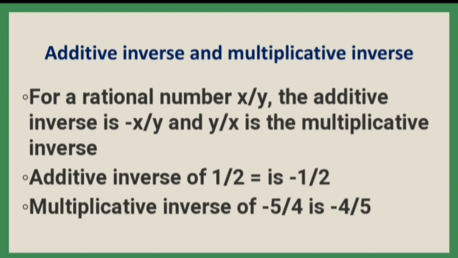If you have minus 4 by 5, its additive inverse will be 4 by 5. The fraction will not be changed, you just have to change the sign. That will become the additive inverse of that rational number.